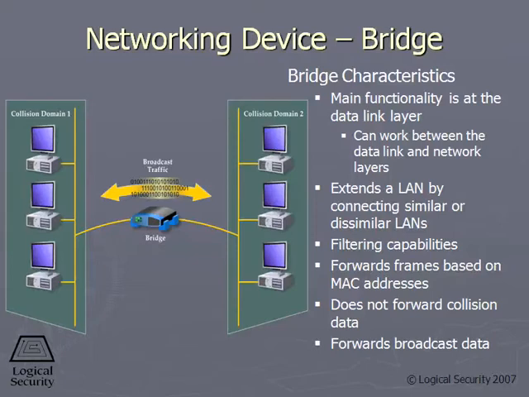Well, the bridge will know by its MAC address which port to send it out. The bridge has a responsibility of really understanding that on port 1, these systems live there. Port 2, these systems live there. Port 3, these systems. And that's how it knows, when it gets a packet or a frame, which port it needs to go out. Now I said that it's making its decisions on the MAC address.